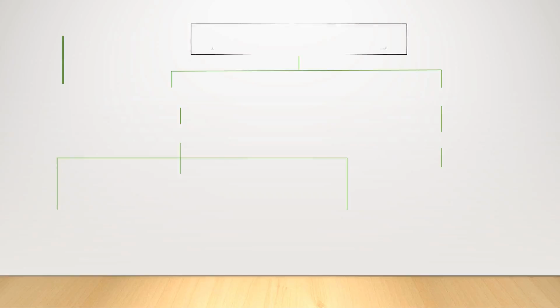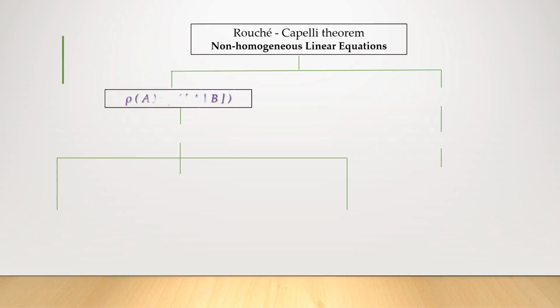I formed a table to understand the Rouché-Capelli theorem for non-homogeneous linear equations. The theorem says if rank of A is equal to rank of the augmented matrix [A, B], then we say it is consistent. The other possible condition is rank of A not equal to rank of [A, B].